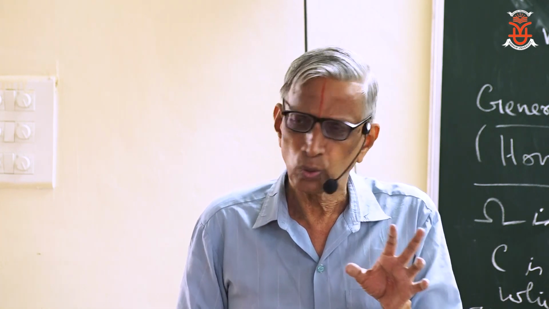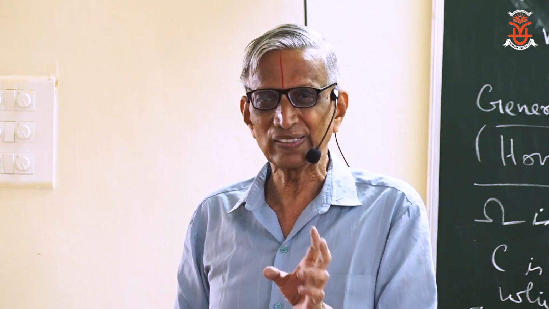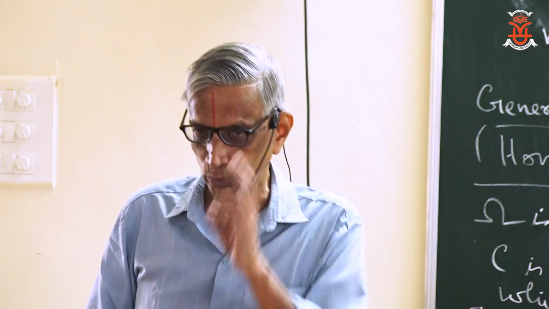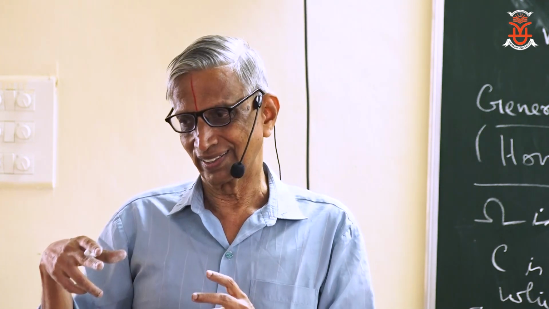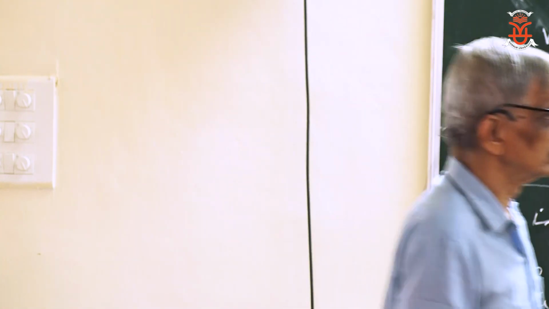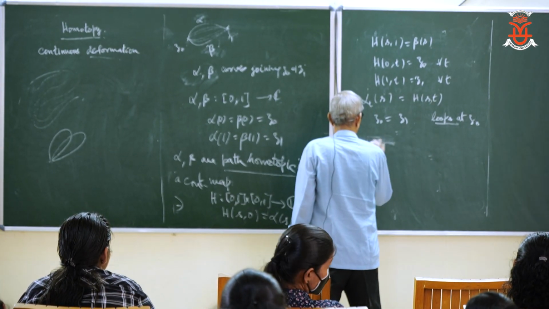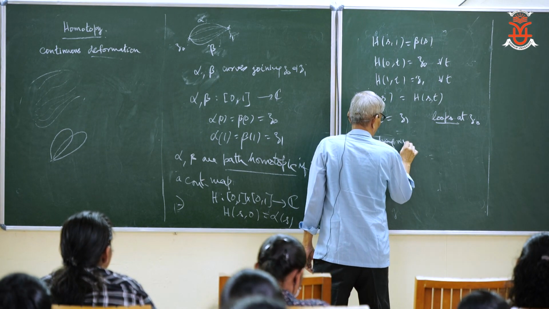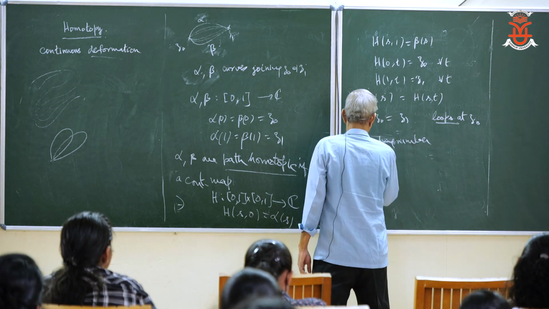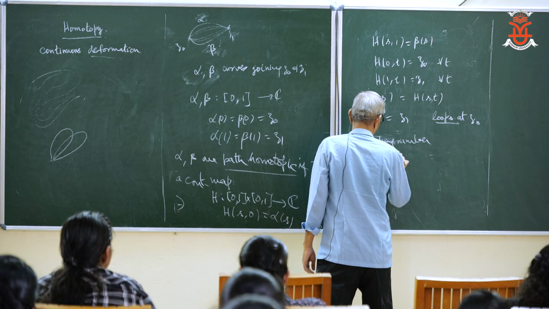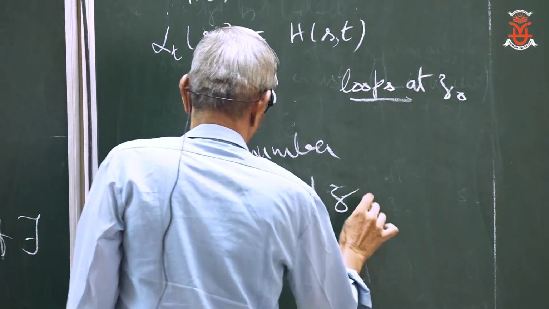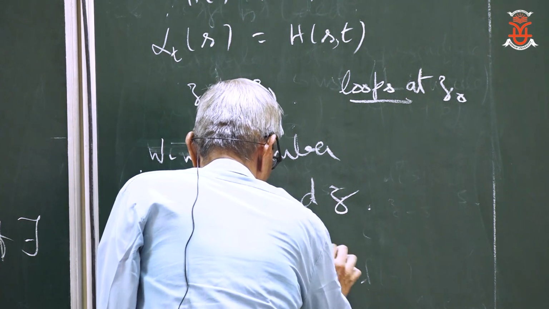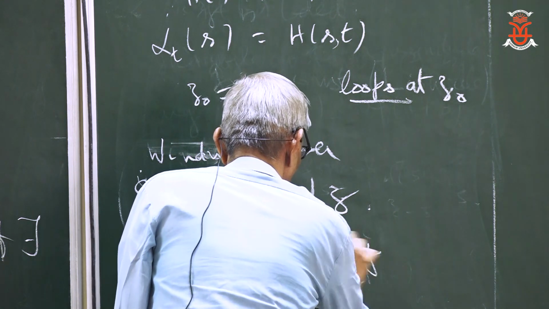So in other words, winding number or index is a homotopy invariant. And so is the contour integral along a curve. Okay, I have written that anyway. So winding number and integral are homotopy invariant.